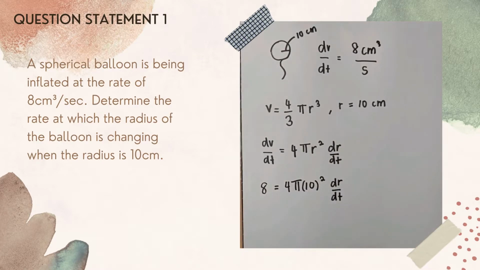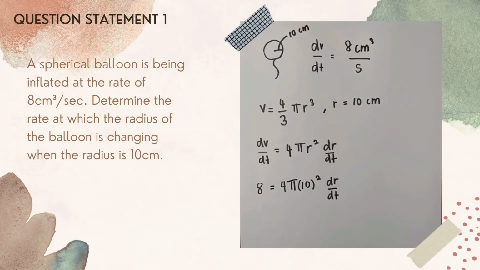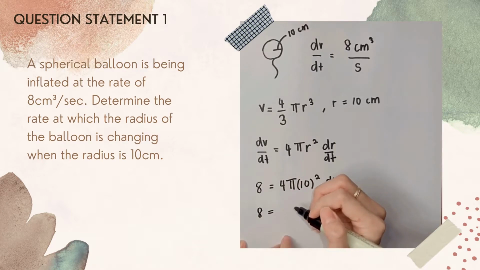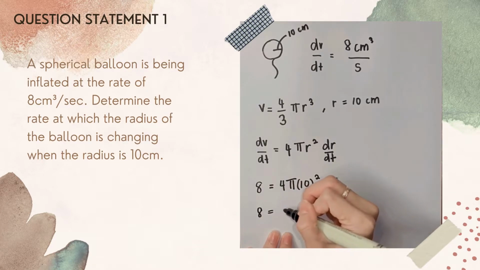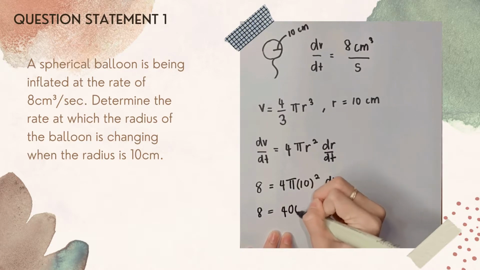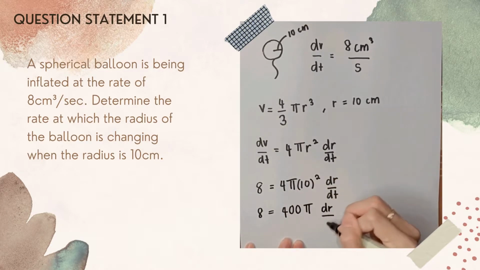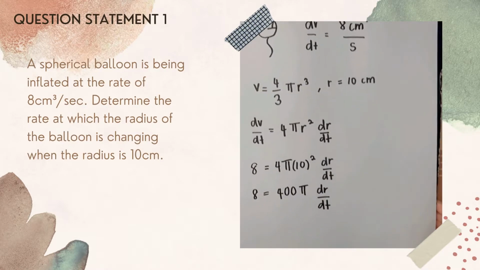Step 6, which is the last step. Solve the remaining rate of change. 8 equals 4 times 10 squared, 400, times pi times dr over dt. dr over dt is what we want to find.